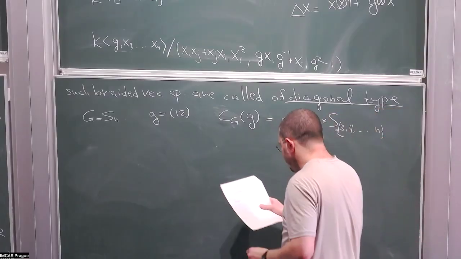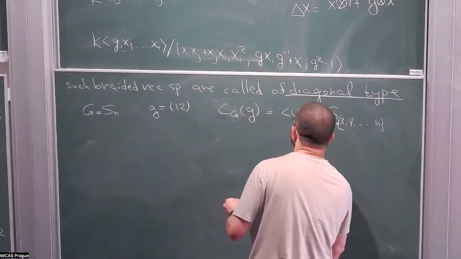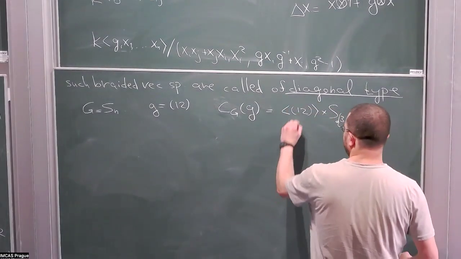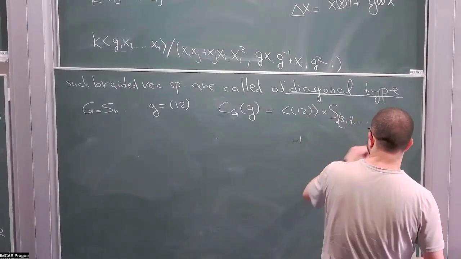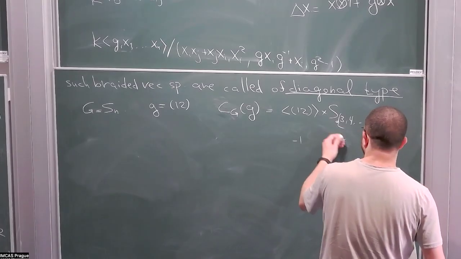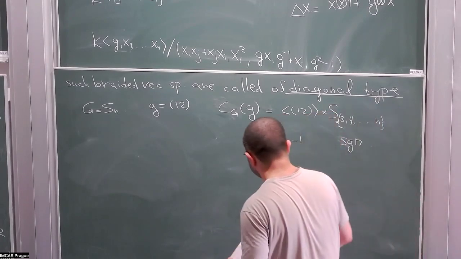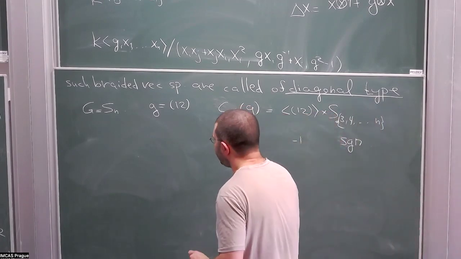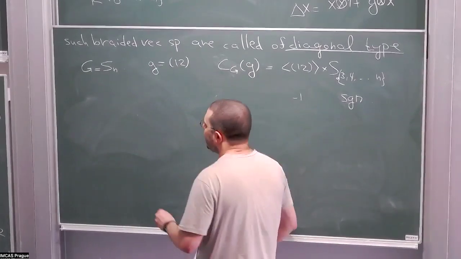And then what we do is we take the representation in which (1 2) acts by -1, and S on 3, 4, and so on acts by the sign representation. So what is the result that we get here?